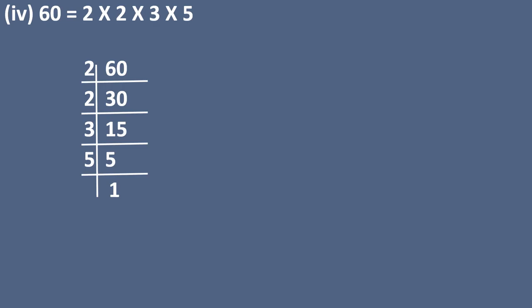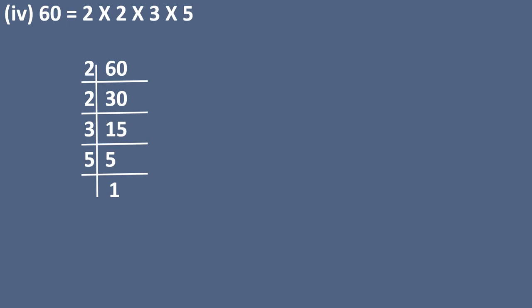Yesterday also I told you to start first of all from the lowest prime number if possible. So we are dividing 60 by 2. What will we get? 30. Now again 30 divided by 2, you will get 15. Now we are not able to divide 15 by 2, so check by the next prime number, that is 3.